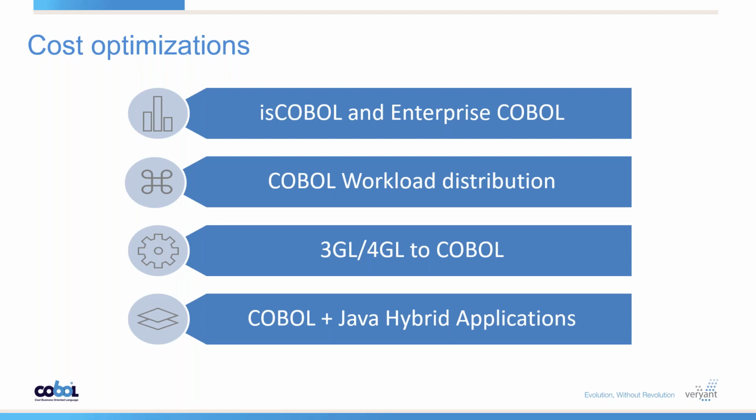Remember, isCOBOL complements rather than replaces IBM Enterprise COBOL. IBM Enterprise COBOL and isCOBOL each have their strengths. We are not attempting to beat Enterprise COBOL's performance, for instance. Instead, we're focusing on improving our compilation and execution performance in every version. Let me give you an example of that. We give you the ability to compile several independent COBOL source files in one compilation step by using a wildcard, star.cbl, for instance.